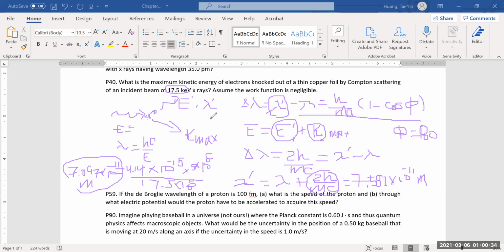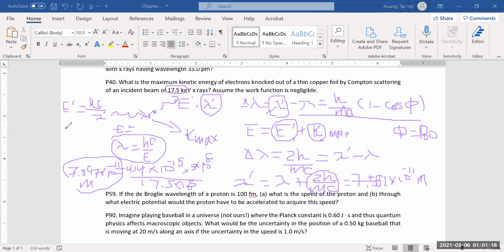So once we have the wavelength of the outgoing photon, we can utilize these equations again to calculate the energy. So my E prime is equal to hc over lambda prime. Because all my energies here are in eV, I'm going to use the h value of 4.14 times 10 to the negative 15 eV times s, times 3 times 10 to the 8th over lambda prime, which is this value.